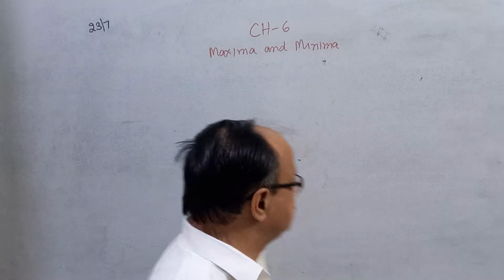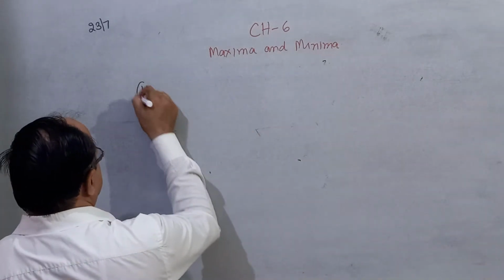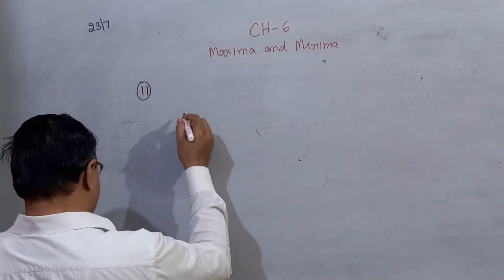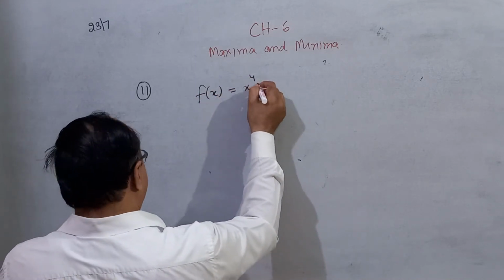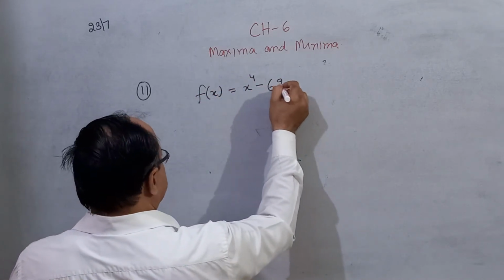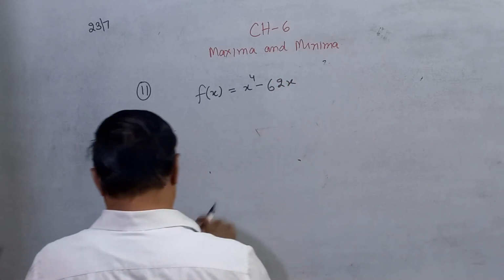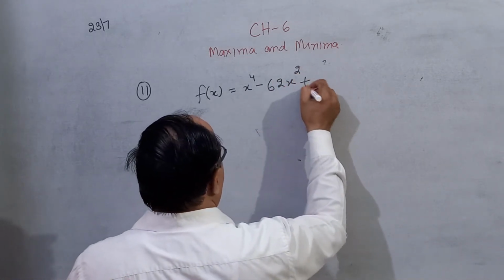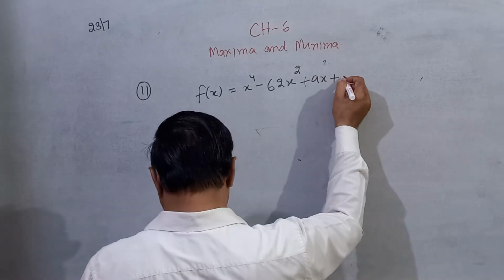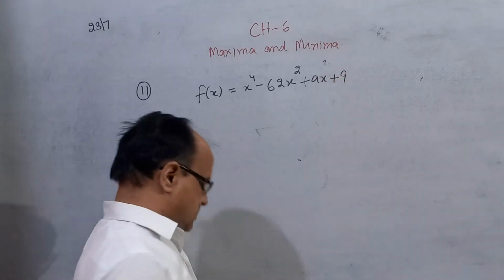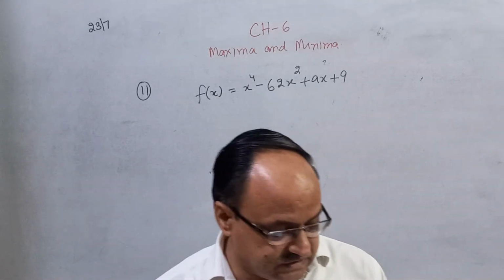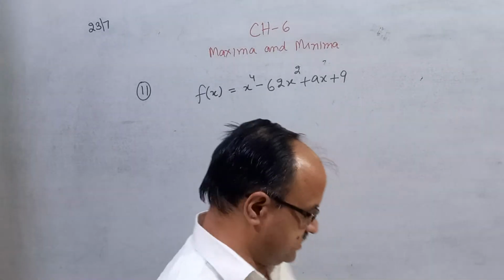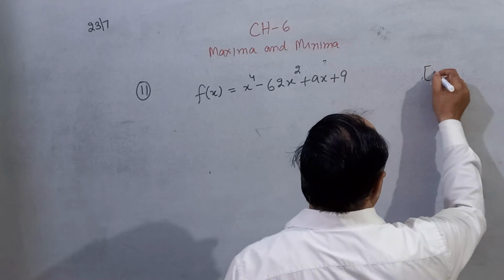Question number 11. The function x to the power 4 minus 62x to the power 2 plus ax plus 9. It is given that at x is equal to 1, the function attains maximum value on the interval 0 to 2.